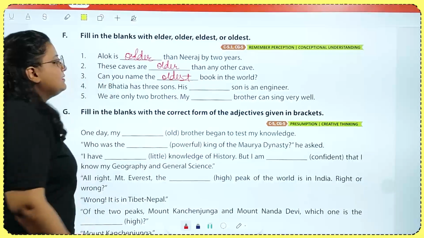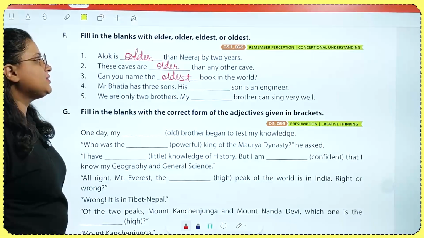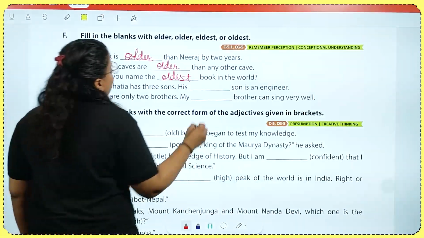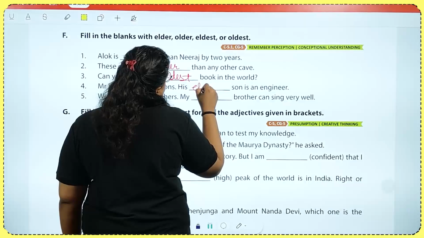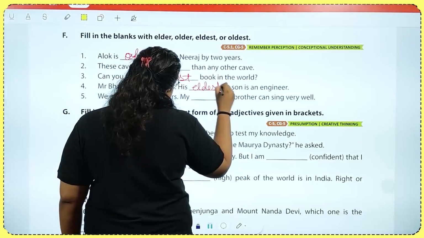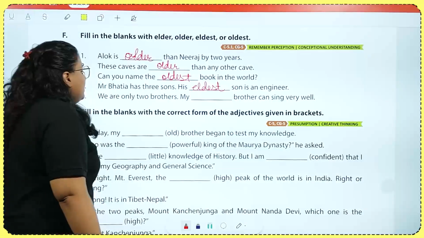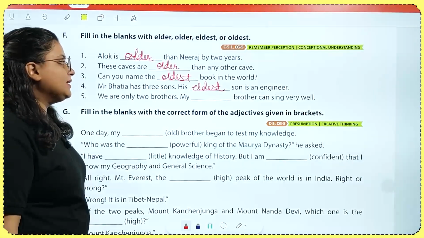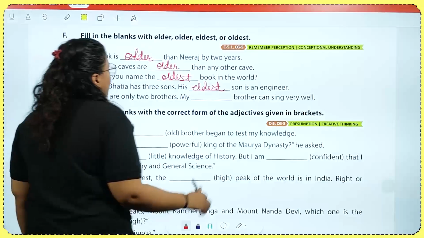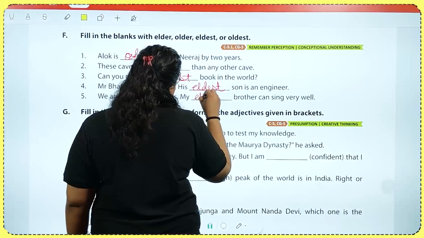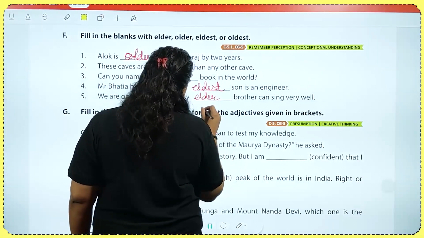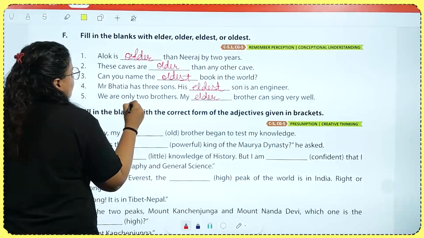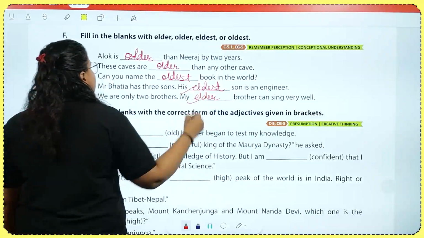Mr. Bhatia has 3 sons. His dash son is an engineer. Eldest. We are only 2 brothers. My dash brother can sing very well. My elder. So how did I decide when to use elder and when to use eldest?